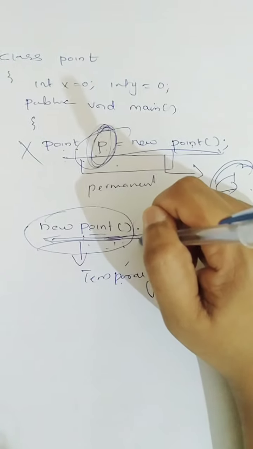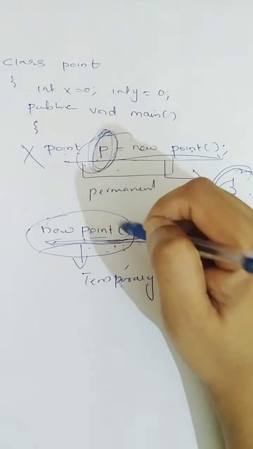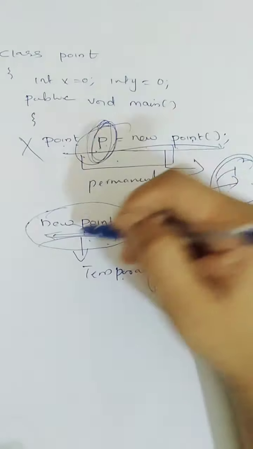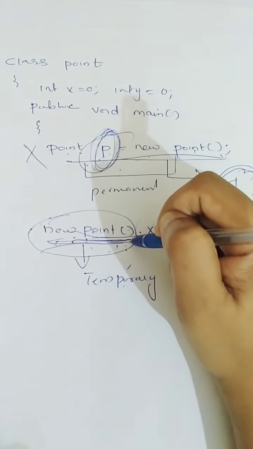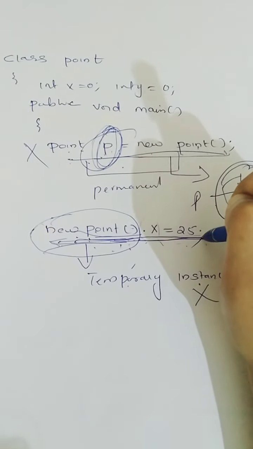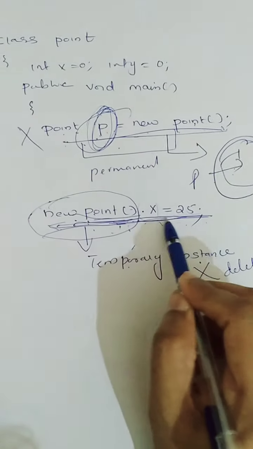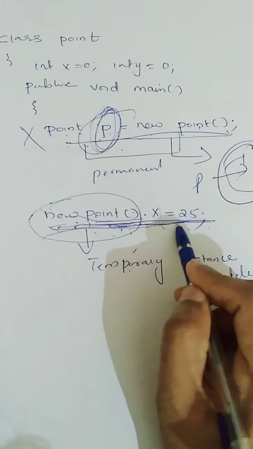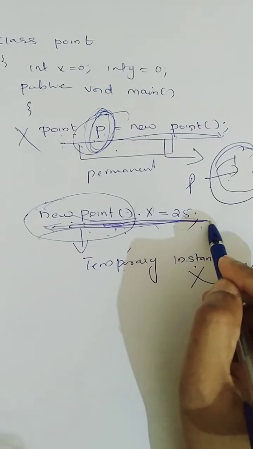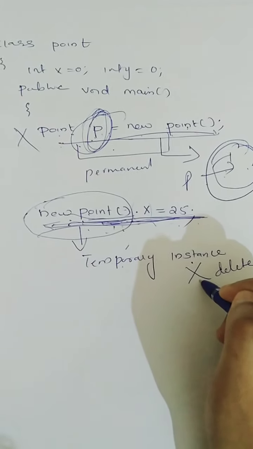But when you have created an object without any reference, it is just a constructor call. I don't have any reference. This is a temporary instance and it will be available only during that statement's execution. After executing this statement, this object will be deleted automatically and it will not be available anywhere.